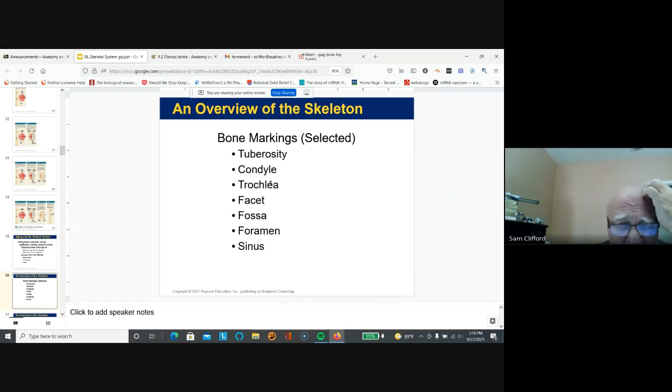Condyles would be on the femur, on the tibia. Facet is a flat spot. Fossa is a flat spot. A facet is also, those are similar. A foramen is a large opening, and you have sinuses in bones also, particularly in the bones of the face.